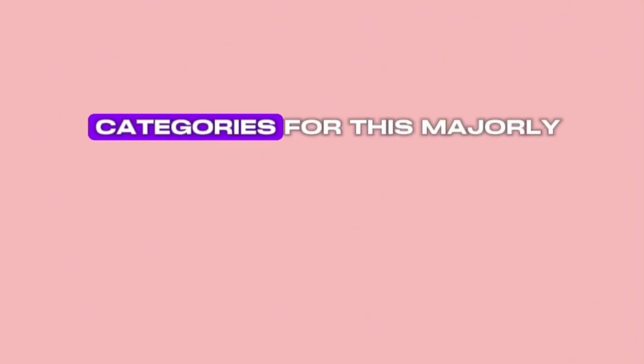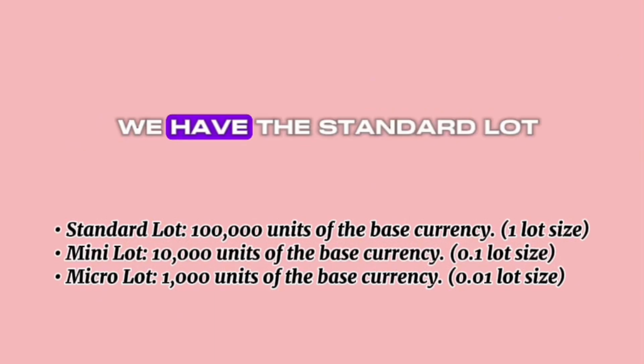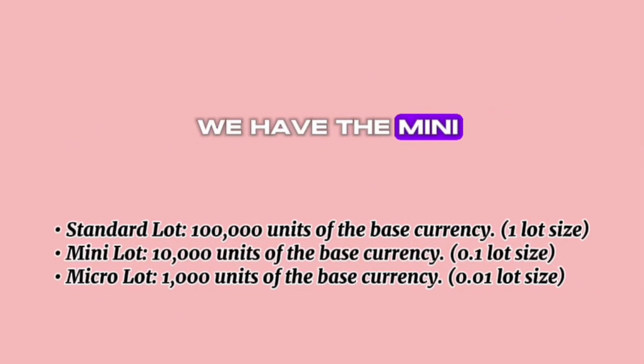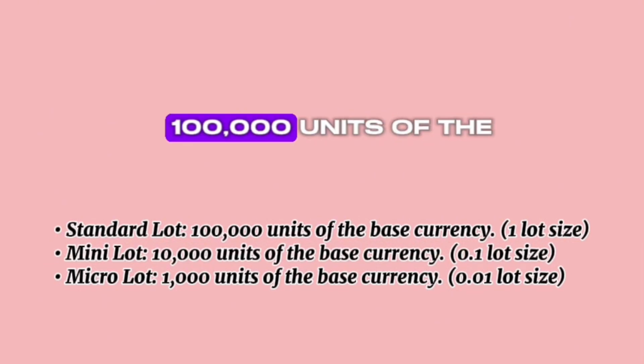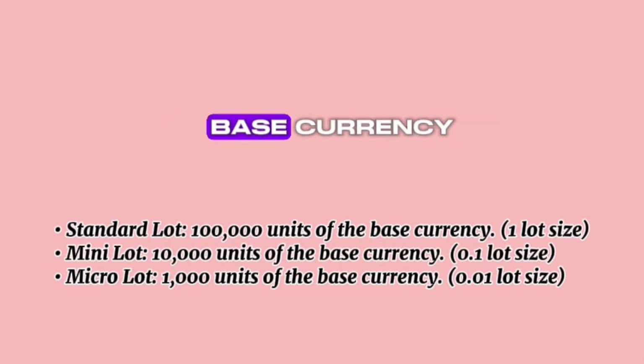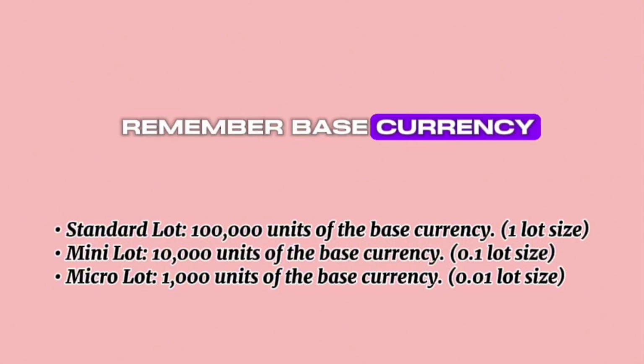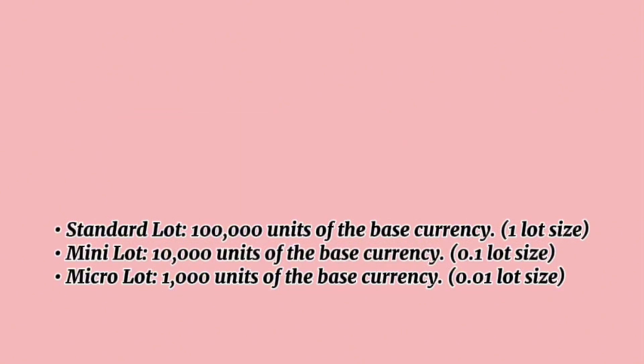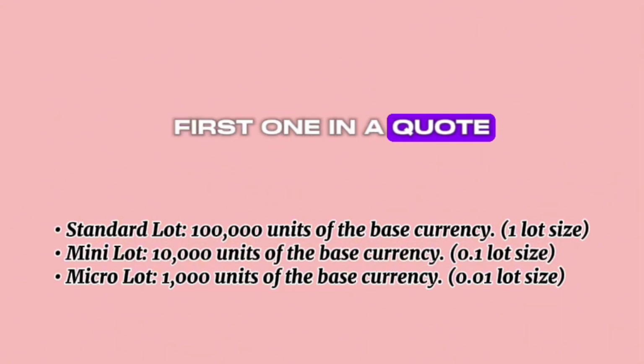And we have three major categories for this. We have the standard lot, the mini lot, and the micro lot. The standard lot is 100,000 units of the base currency. Remember base currency, right? Base currency is the first one in a quote.